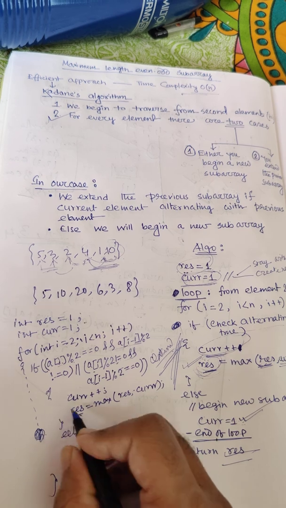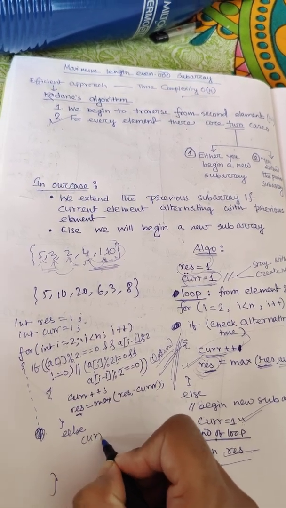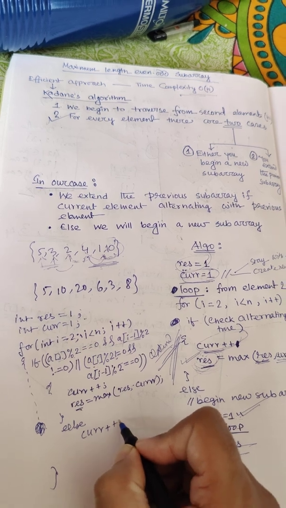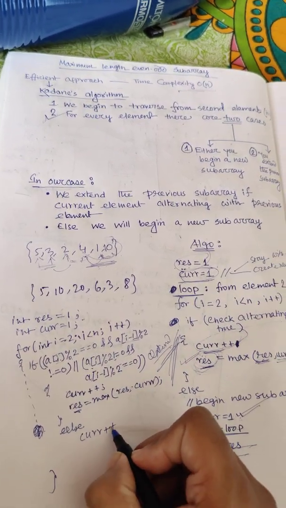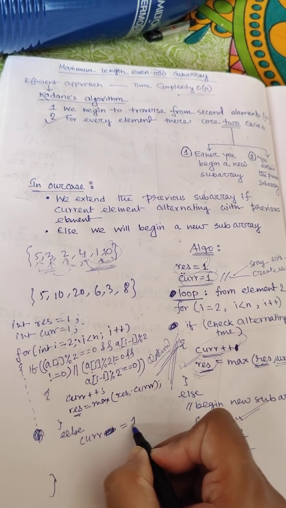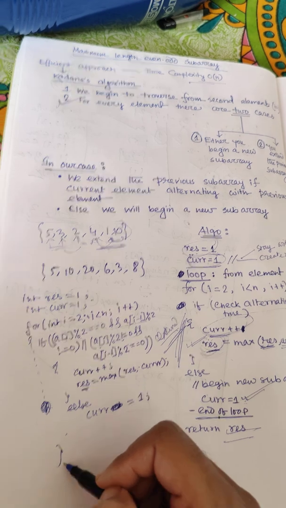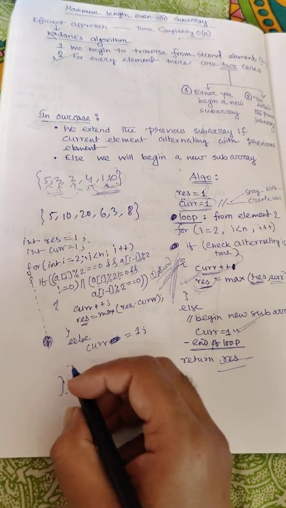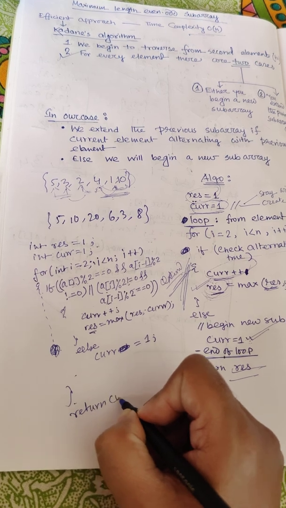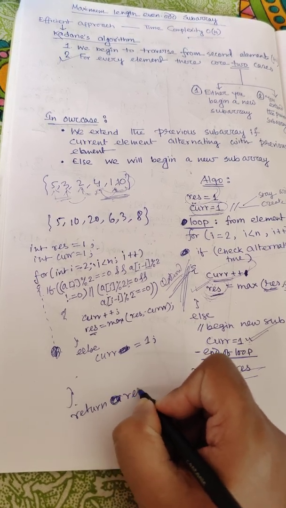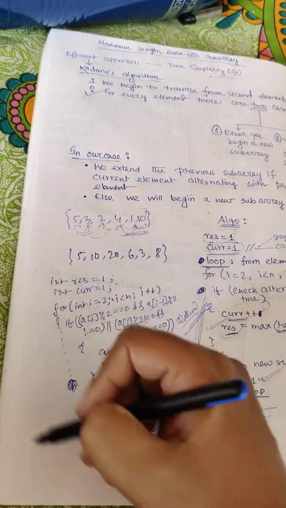Or else, if it is not satisfying, that means we need to go with a fresh start. So current is equal to 1, because we are doing a fresh start, and your for loop gets ended over here. Now you are returning what? Your result value, right? That is the final thing you are doing in this function.